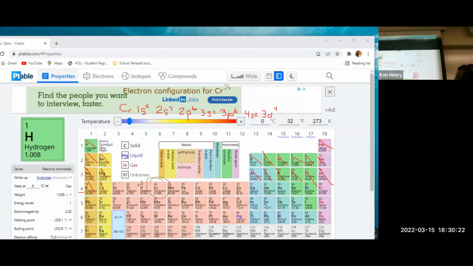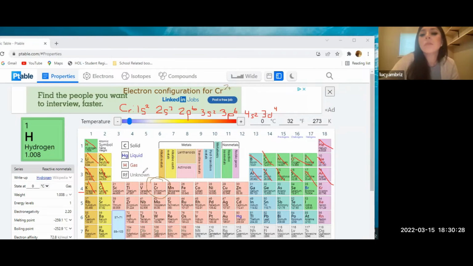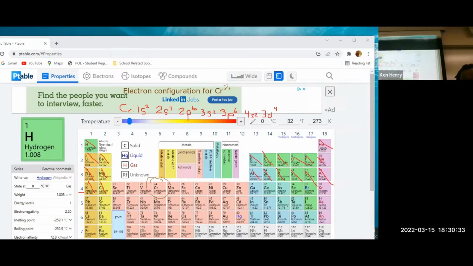Okay, so when we're removing, we're going to remove from the highest period. What is the highest period? 4s2. So we're going to start removing from there. We're taking a total of 3 electrons away because it's 3 plus.